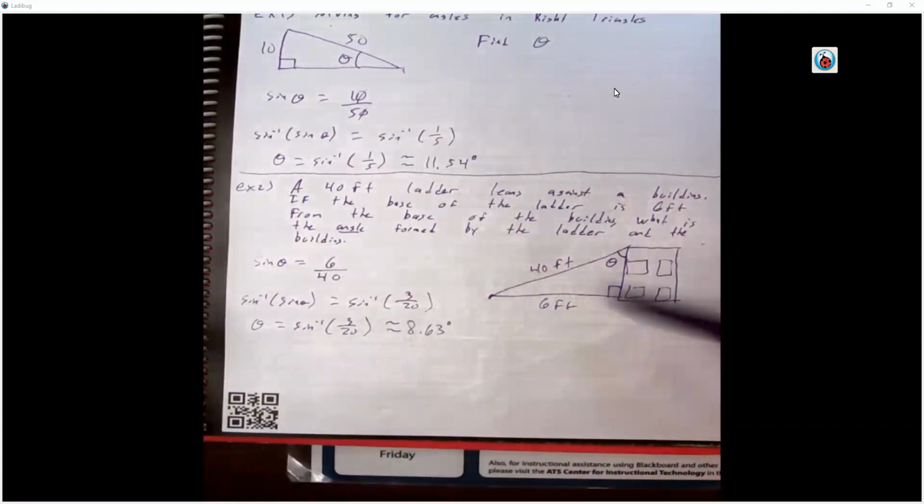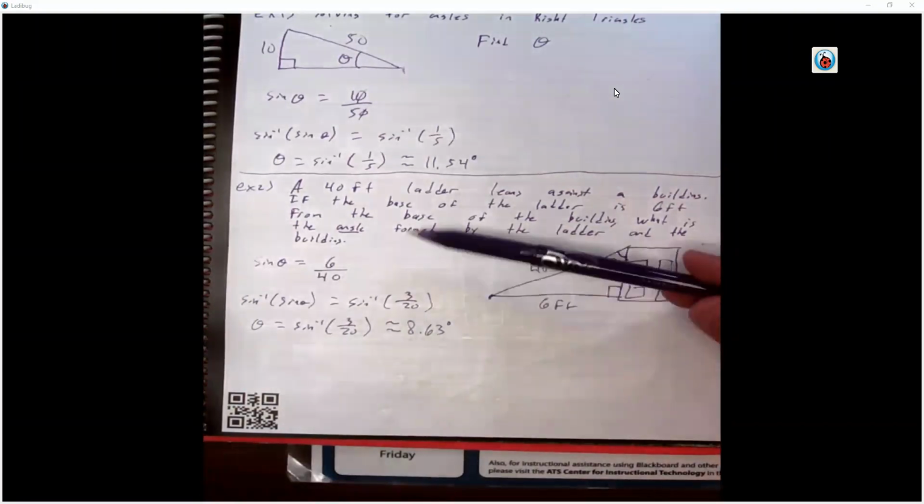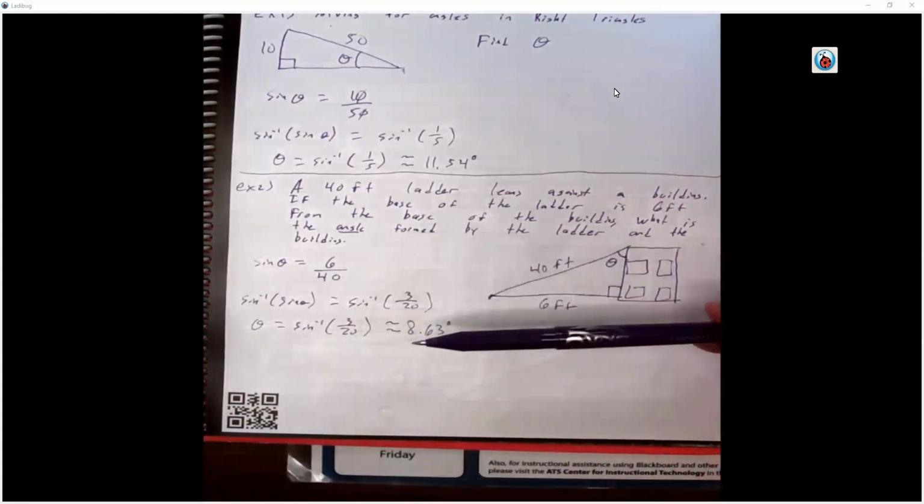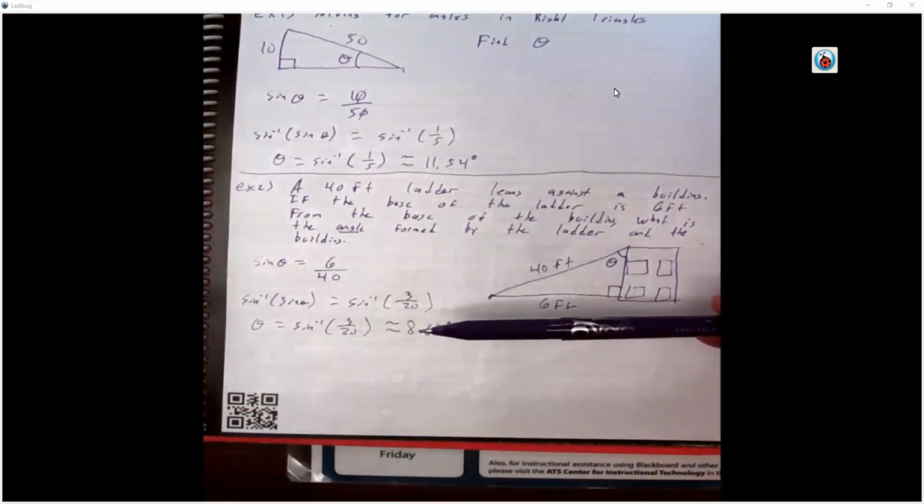Any questions on how we set this up and why we chose sine and how we found theta? Is it okay?